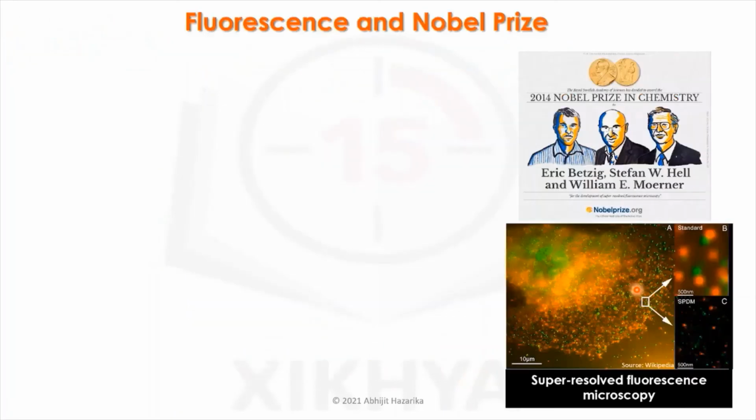So just before ending, it is worth mentioning the Nobel Prizes that are related to fluorescence. In 2014, the Nobel Prize in Chemistry was awarded for the development of super-resolved fluorescence microscopy, which helped in breaking the resolution limit of typical optical microscopes.